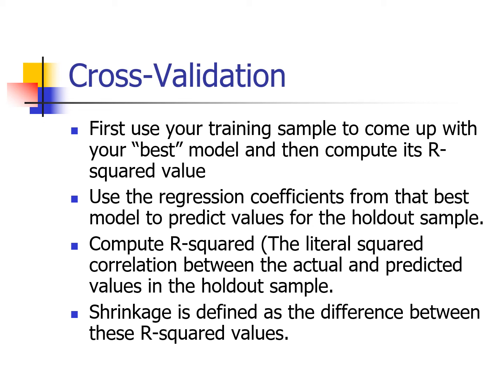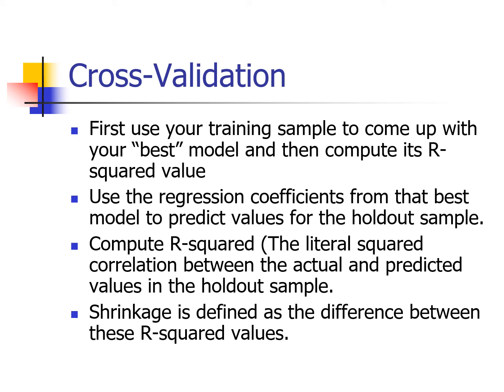So we have an R squared from our training data set. That's the best case, the optimal R squared, because it's based on a model that was specifically fitted to that data set. And we can compare that R squared to the R squared of our holdout data set. The R squared from our holdout data set will probably not be as good, but it will still hopefully be close.